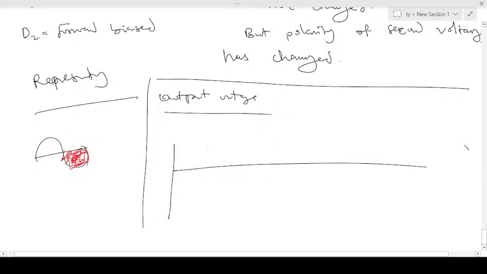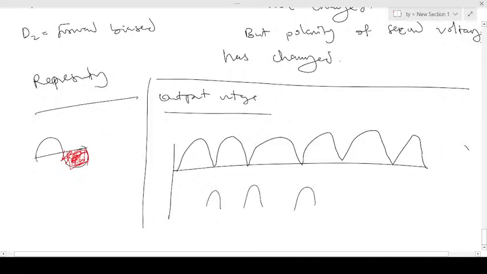Unlike the half-wave rectifier, where it wasn't continuous, there were stops, which led to the ripple effect, and it was ineffective.